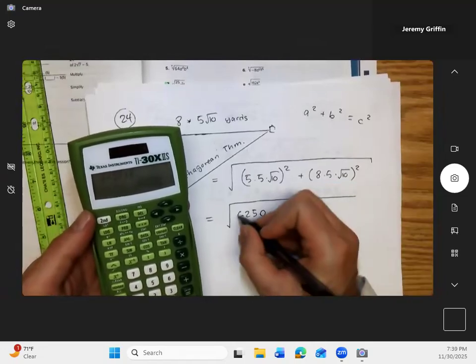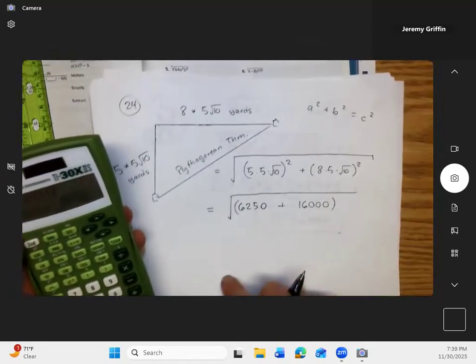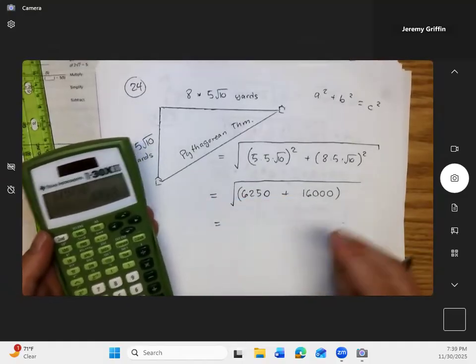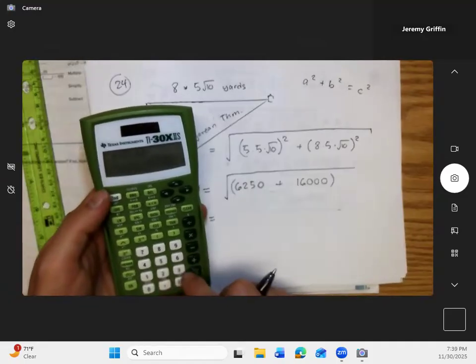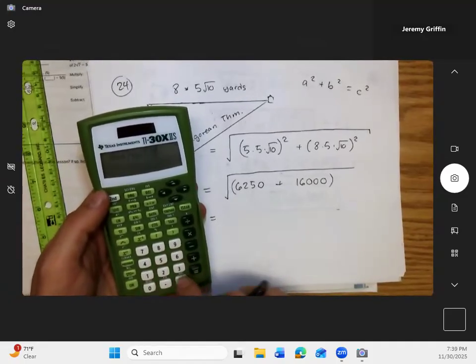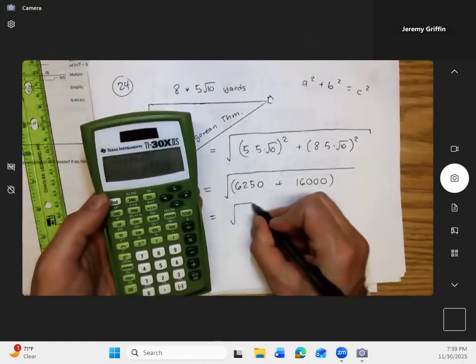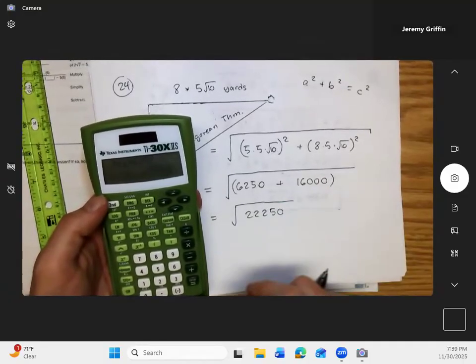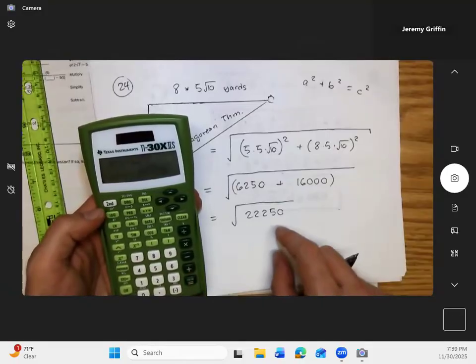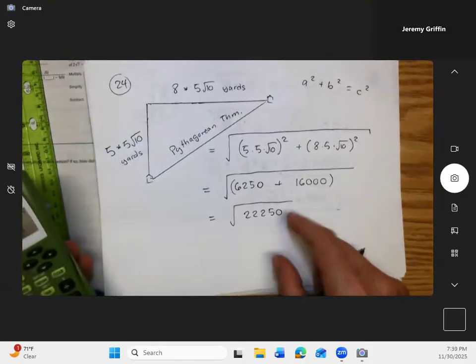16,000. Now, let's just get a numerical example, maybe with a decimal. We'll see what happens. Plus 6250, this is the square root of 22250. Now, I'm kind of curious if they have a special right triangle.